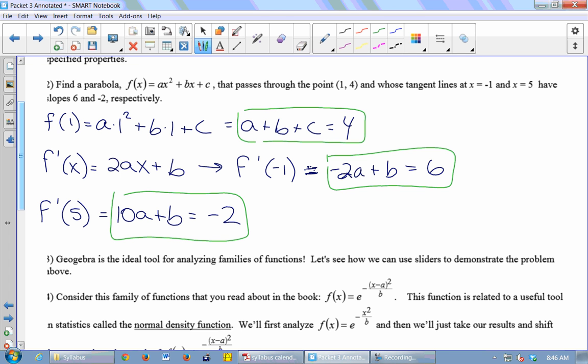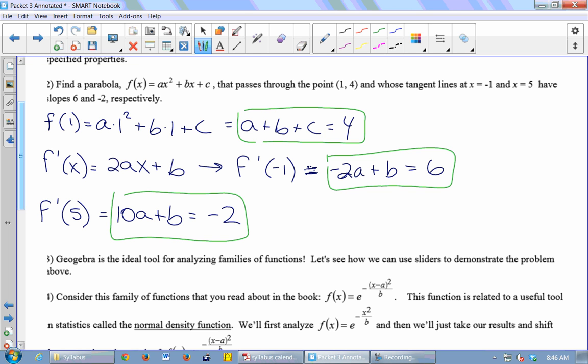3 equations, 3 unknowns. So I'm going to look at these 2 that just have the 2 variables in them, a and b. I could either solve for one variable and substitute into the other equation, or I could subtract the 2 equations because they both have a 1b in them. So I'm going to go with that one.